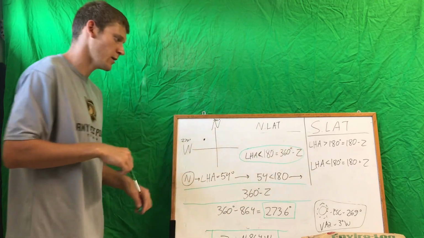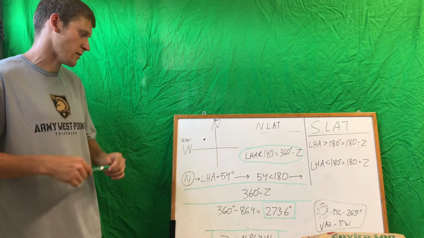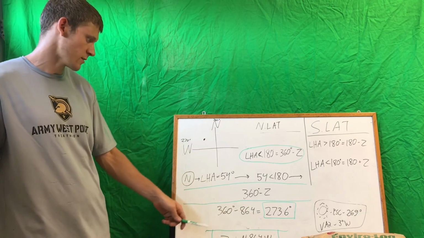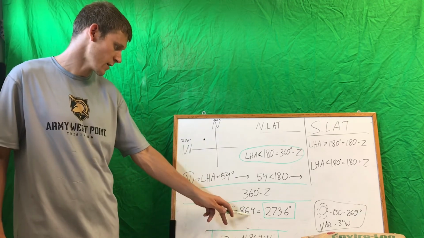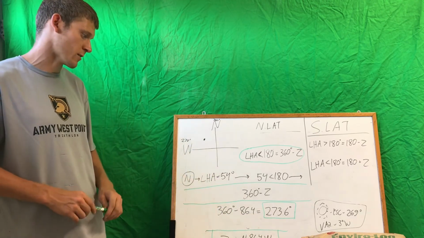LHA is less than 180, so we need to take 360 and subtract 86.4 degrees. You take 360, you subtract 86.4, and you're left with 273.6 degrees.